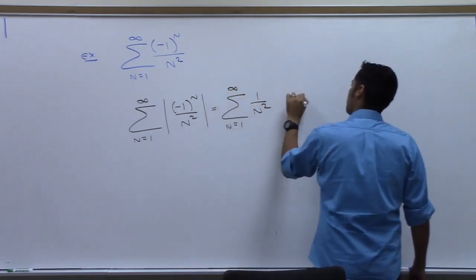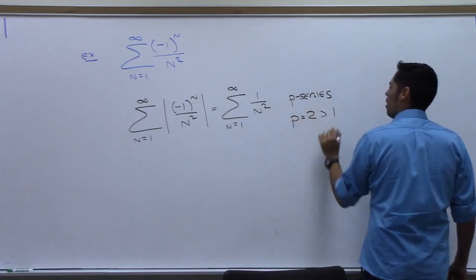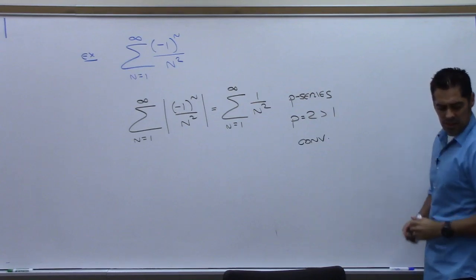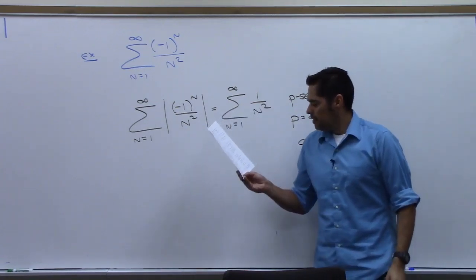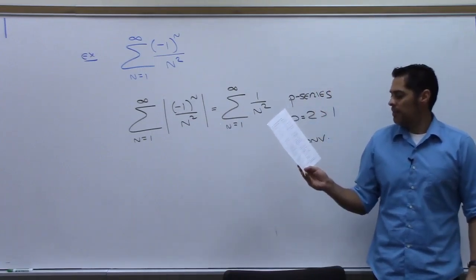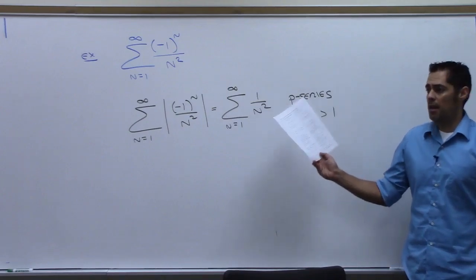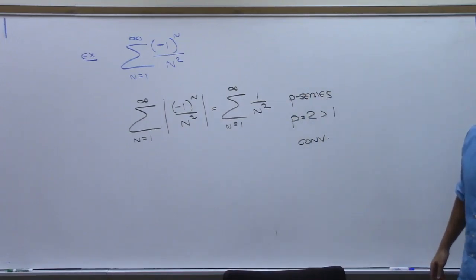That's a p-series. p is 2, bigger than 1, therefore converges. This last theorem here, they don't have a name for it, but it says that if the absolute value of the series converges, then the original series converges. Make sense?